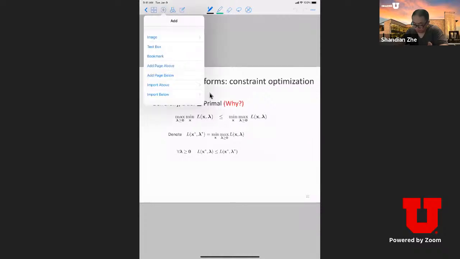So we introduced the general primal form and dual form, right? We were talking about the constraint optimization problem. Usually we can represent it in this way. This is our objective function, f of x. We want to minimize f of x, but subject to a set of constraints. Each constraint is represented by an inequality, like g1(x) less than or equal to 0, up to gM(x) less than or equal to 0.